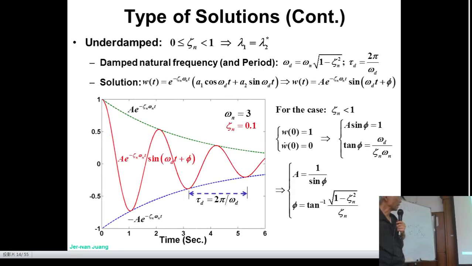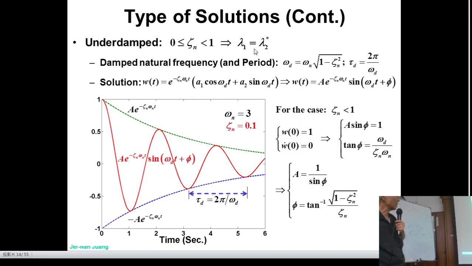Now, this is my underdamped case. I have lambda 1 and lambda 1 star, and this is my damped frequency. So if I have lambda 1 and lambda 2, I will be able to compute omega_n and zeta_n, because omega_d is the imaginary part of lambda 1.